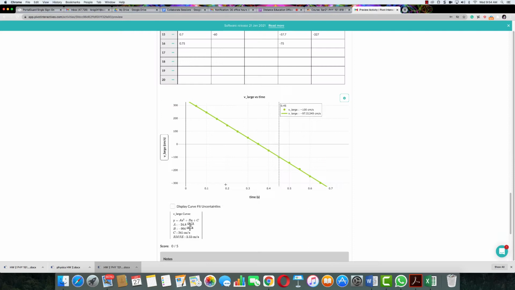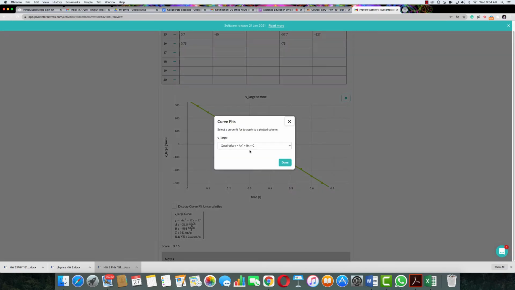If I do that, then I get a line because my velocity is changing at a constant rate every instant in time. On the way up, when I have positive velocities, I'm decreasing by 9.8 every instant in time. And on the way down, I'm increasing by 9.8 every instant in time. So if I do a curve fit for this, I'm going to do a curve fit for a line.